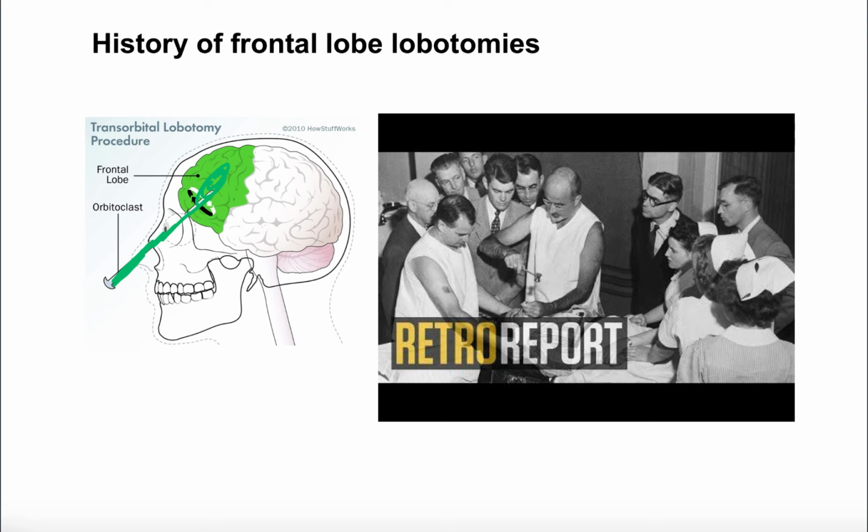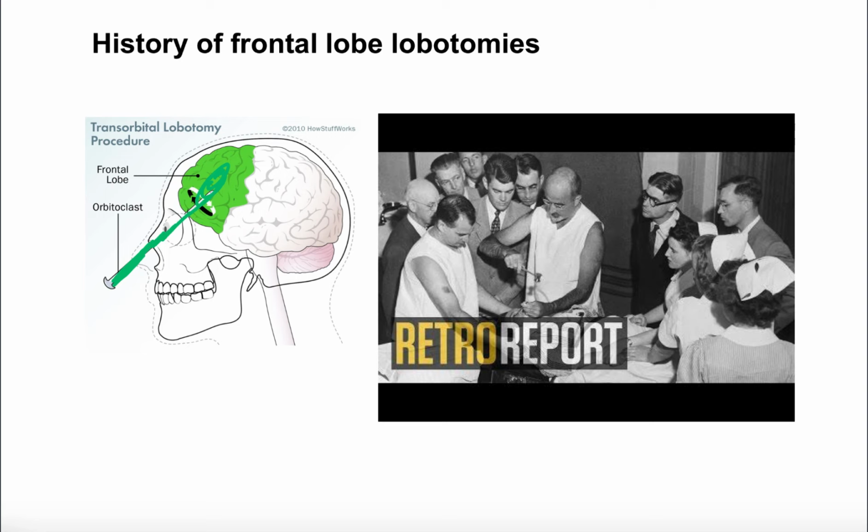But you also destroyed who that person was. And sometimes these people, all they needed was maybe medication, maybe a safer setting. Maybe they didn't even have a major issue, but they just were acting in a way that wasn't deemed socially acceptable at that time. And it was a big deal.